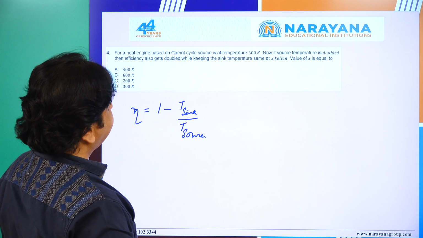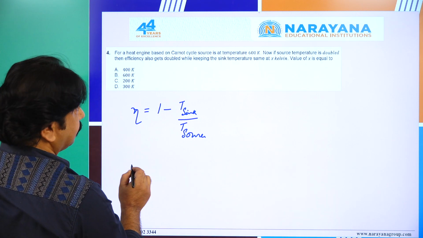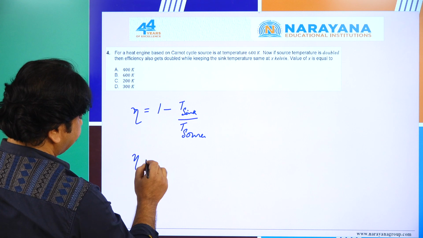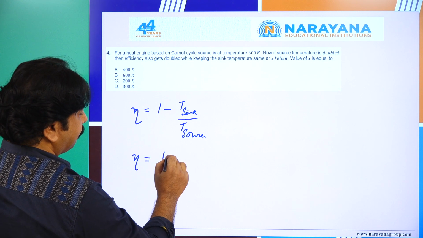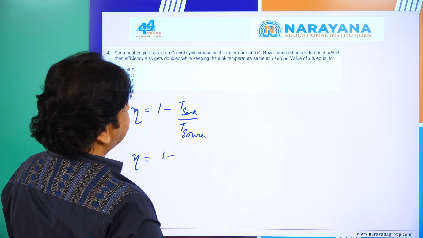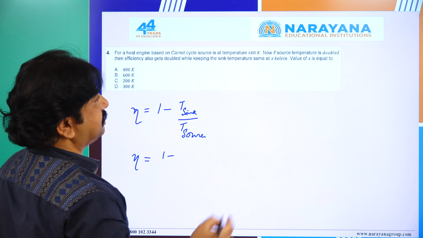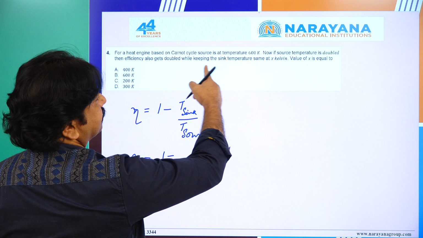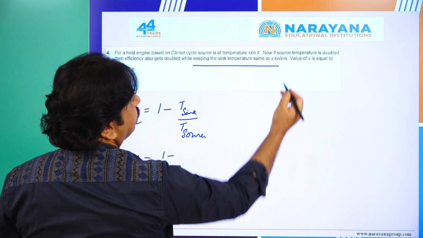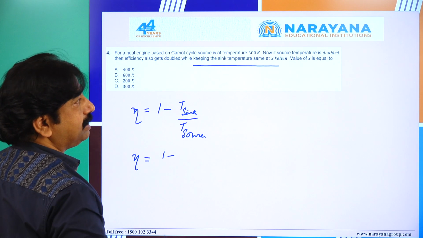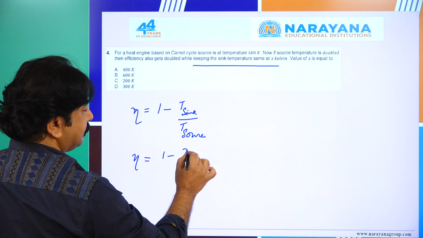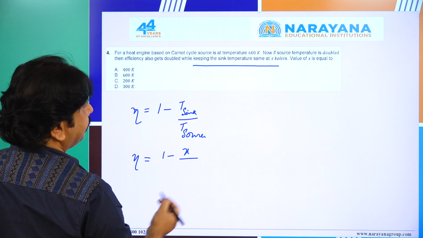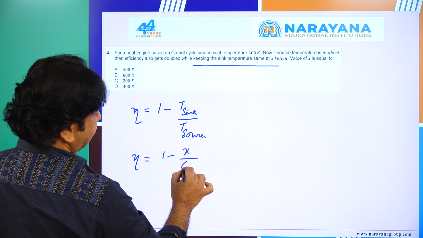In the first case, the efficiency is eta, equal to 1 minus temperature of the sink, which is the same in both cases, keeping the sink temperature the same at x Kelvin, so x by initially 600.